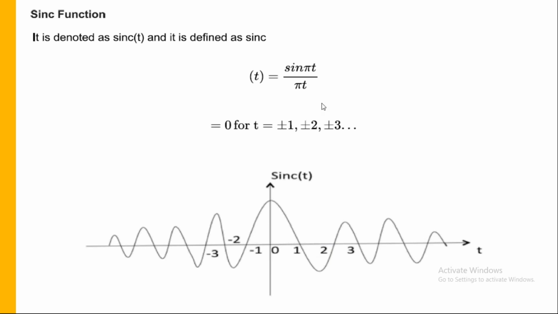I can write 1.5 as 3 by 2. So I can take t equal to 3 by 2, then it becomes 3 pi by 2. So sine 3 pi by 2, you'll get sine 270 degrees, which is -1. So if you substitute, it gives a value 2 by 3 pi.